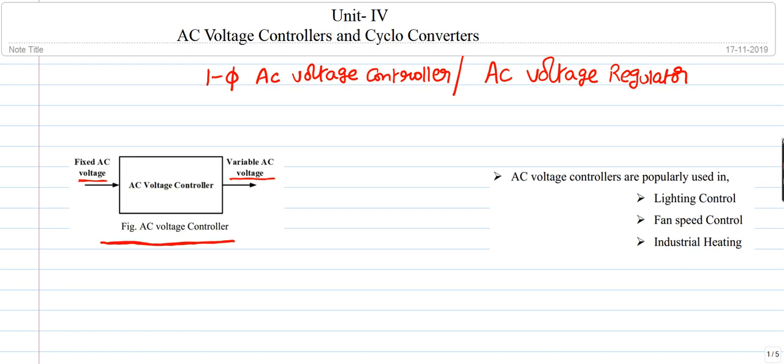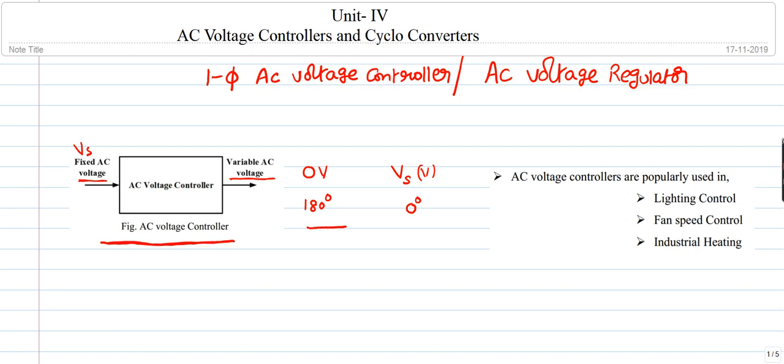So the minimum voltage we can obtain at the output of AC voltage controller is 0 volts, and the maximum voltage is equal to source voltage. So this minimum voltage can be obtained at 180-degree firing angle, and this Vs can be obtained at 0 firing angle.